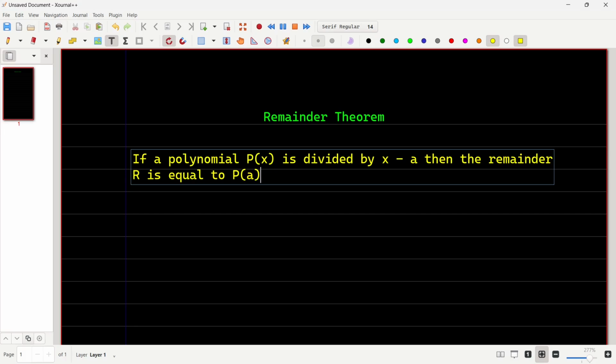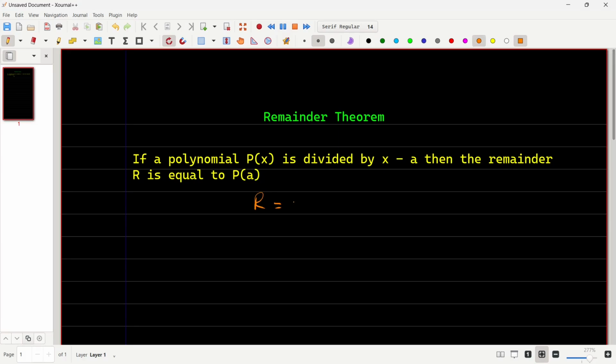So let me write that as a formula. We can say that the remainder is equal to p evaluated at a. Now, we can prove this, right? Well, we can reason this out. Let's do a little bit of note on how we can reason this out, and you can see why we say this.